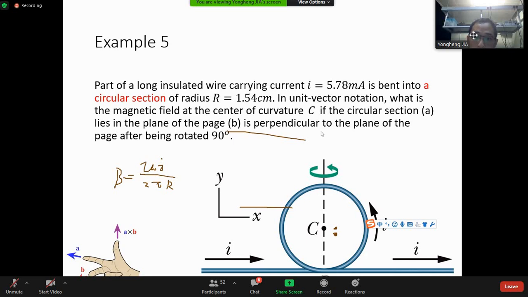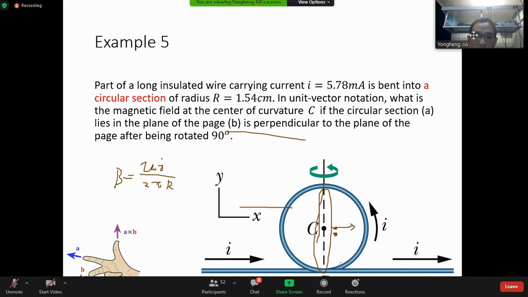And now if the circular plane is rotated 90 degrees, it means that the circle is now in this direction. Okay. For this case, the magnetic field caused by this circular wire should be in this direction.